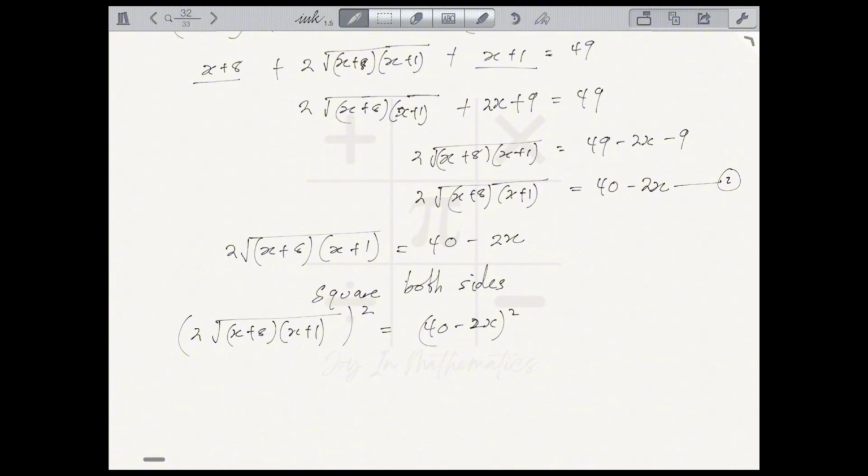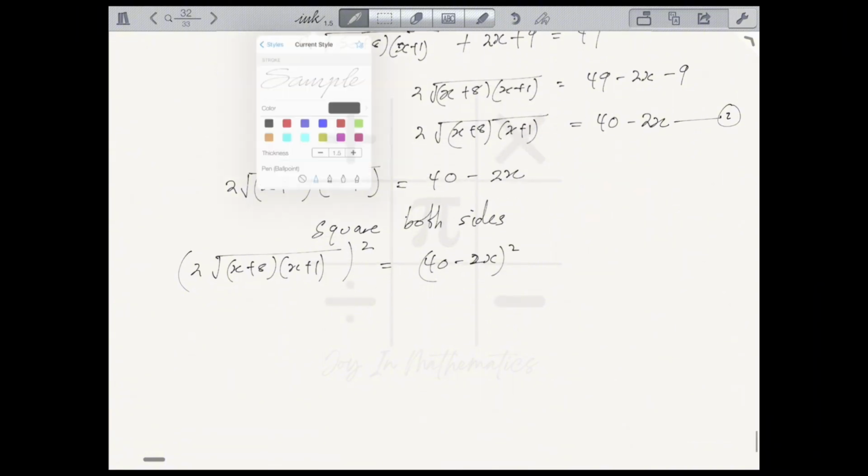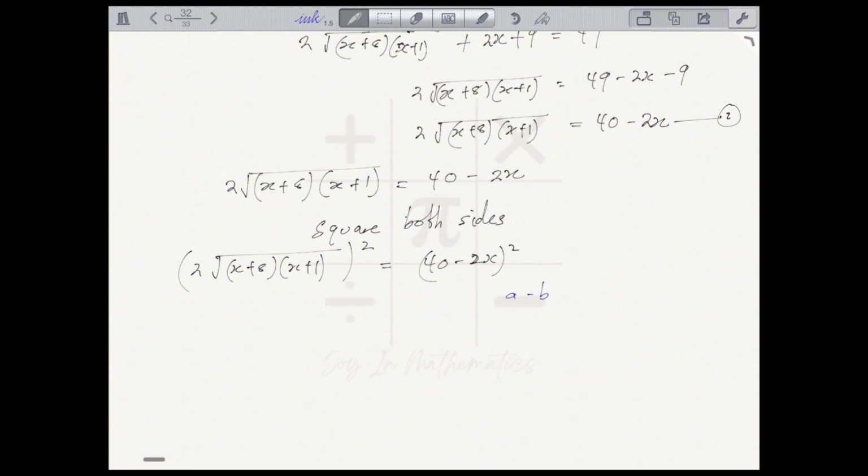And this time around we are reminded of the square of a difference. A minus b squared is equals to a squared minus 2ab plus b squared. Now in this case we will consider our a to be 40, our b to be 2x.